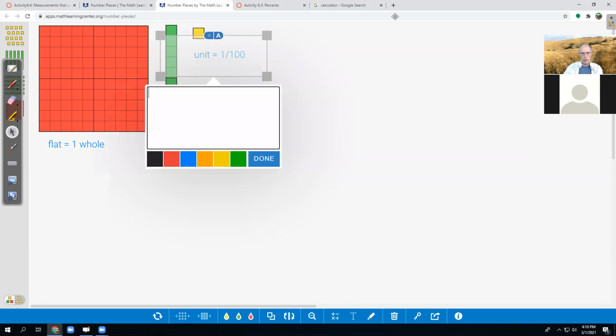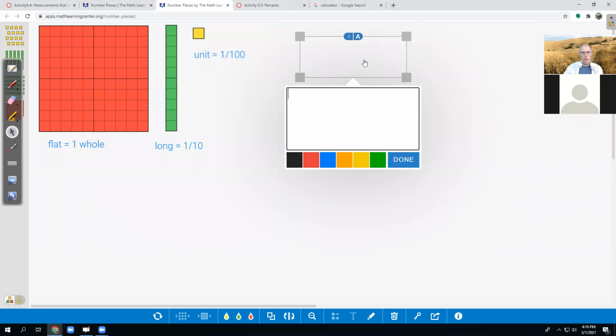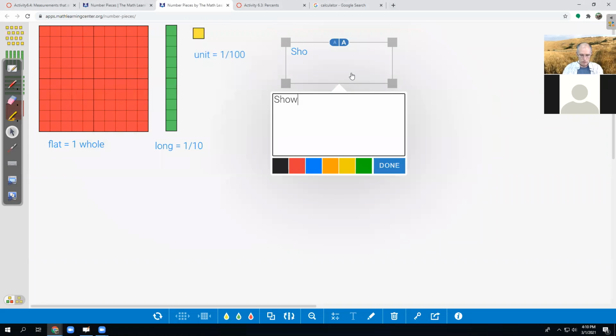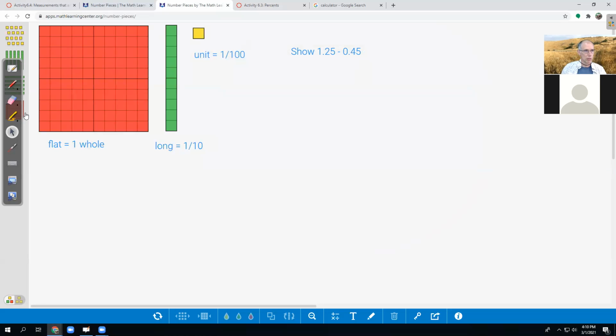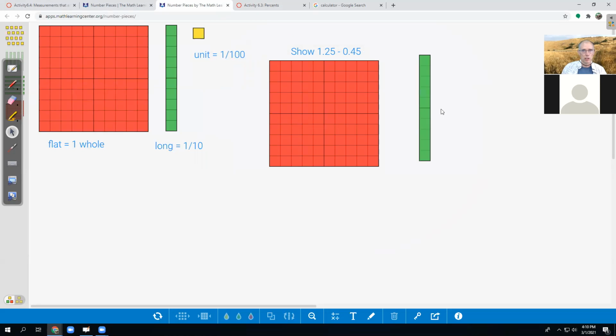Mostly I'm going to copy and paste this to my other screen. So I need to show my 1 and 25 hundredths versus my 45 hundredths.